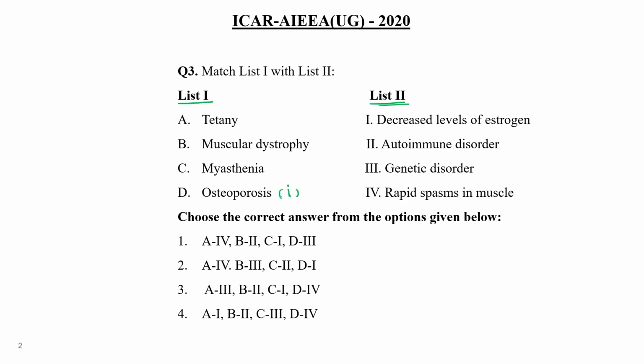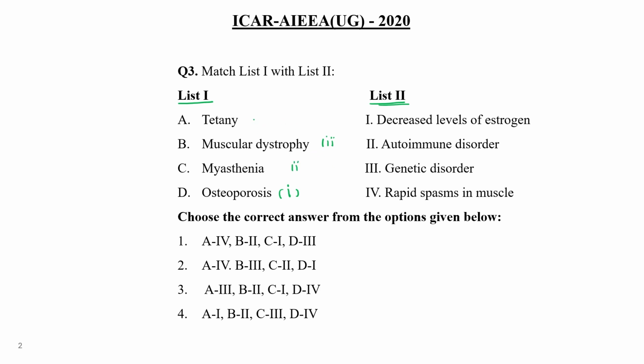Okay, and then C, myasthenia. It is a type of autoimmune disease. While muscular dystrophy is a type of genetic disorder in which muscles get very weak, and a person suffering with this muscular dystrophy feels difficulty in walking, sitting, climbing stairs and all these things, right? So this one goes with choice 2 and this 3.